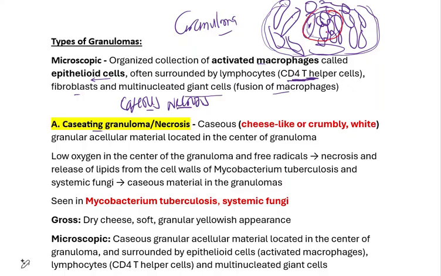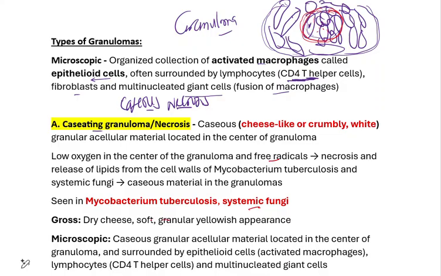So they're not getting enough oxygen, and also because of free radical production, those central areas start to die. So there's going to be necrosis going on. And as this necrosis is going on, the cell membranes of the Mycobacterium tuberculosis or the systemic fungi will start to break down.